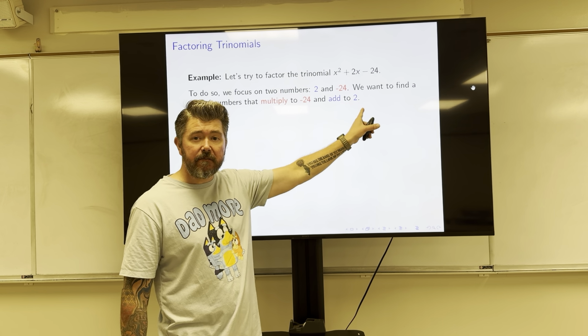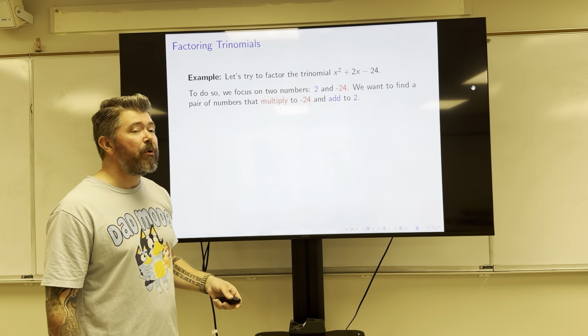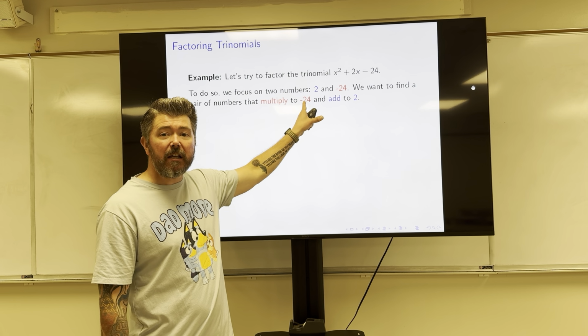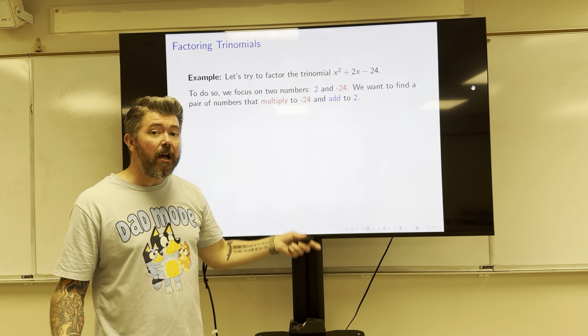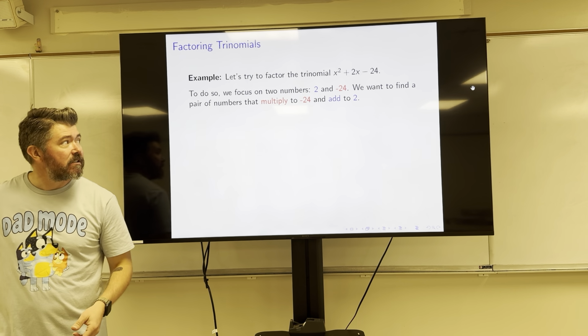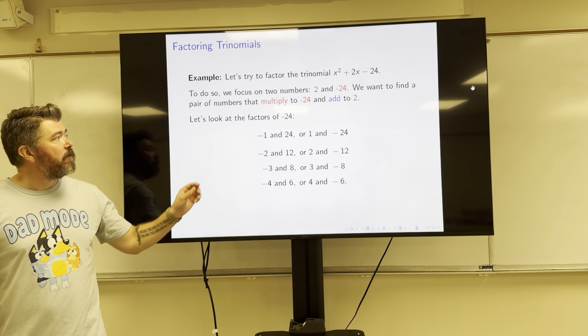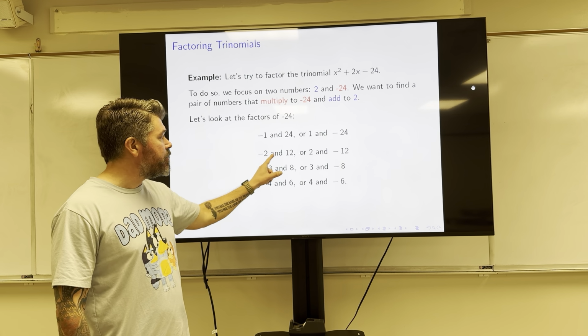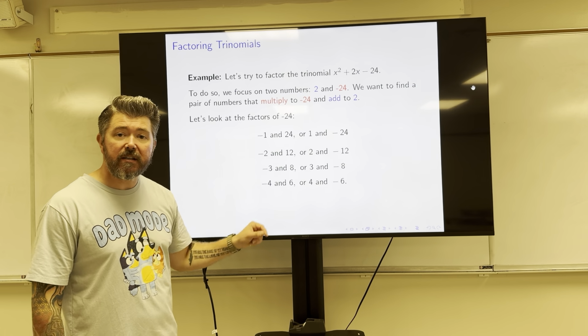Now we want to find numbers that multiply to give us negative 24 and add to give us positive 2. Remember, if we're multiplying and we need the result to be negative, one number has to be negative. So first of all, let's list the factors of positive 24. We have 1 and 24, 2 and 12, 3 and 8, 4 and 6.